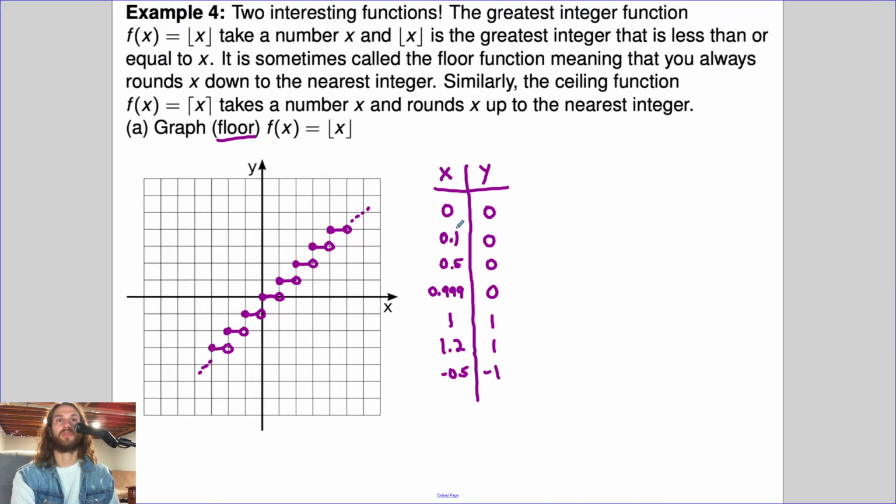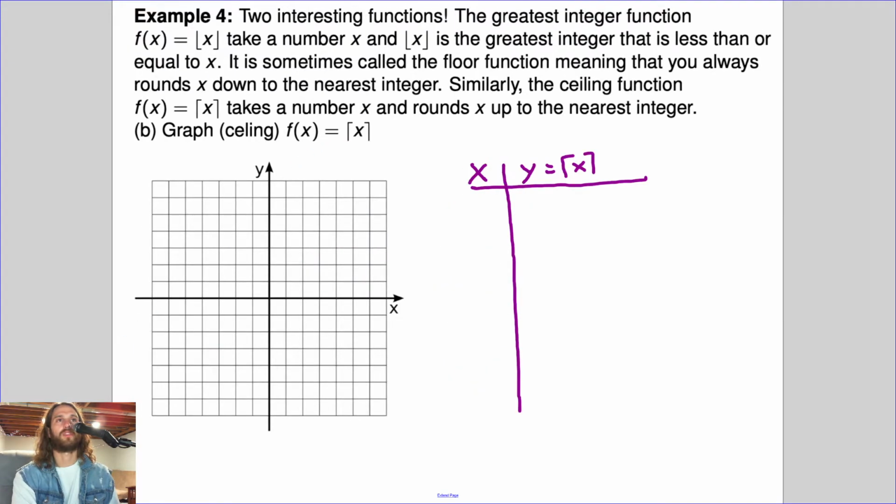You just kind of truncate the number and take the leading number. You take the 1 in the front. In the positives, it's rounding down to that next number, no matter what position you're at.